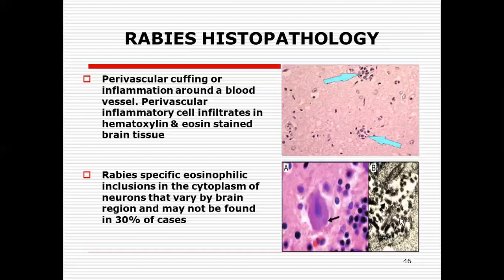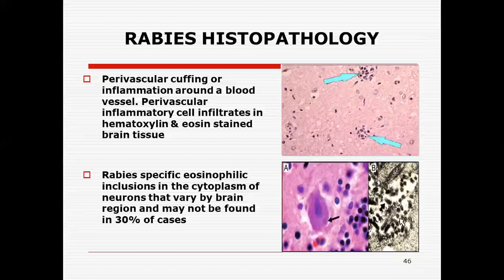Now, this is how you can see the rabies histopathology, which is very important. The perivascular cuffing, or the inflammation around the blood vessels. There are perivascular inflammatory cells, a cell infiltrate, and this is an H&E stain of the brain tissue that shows this.